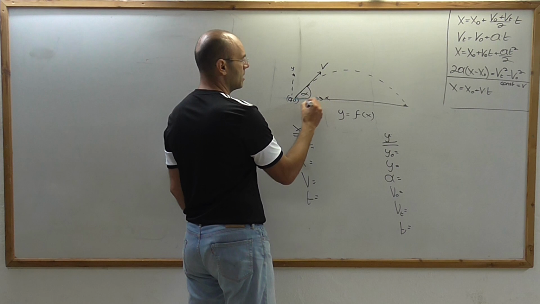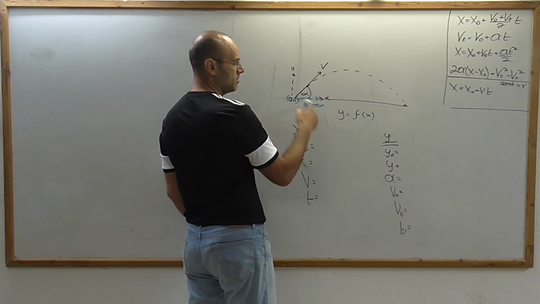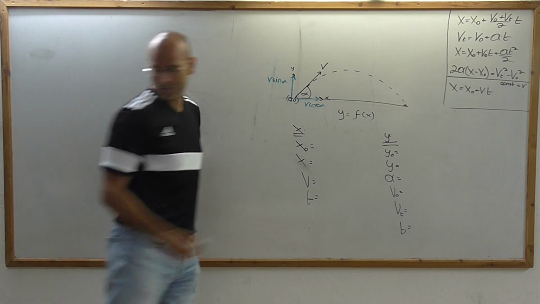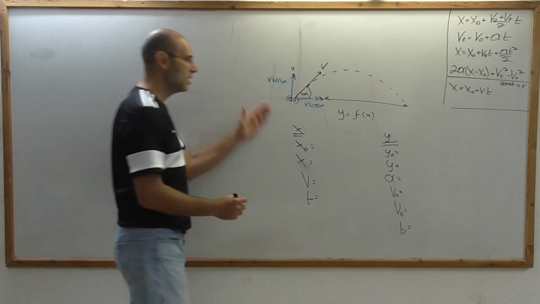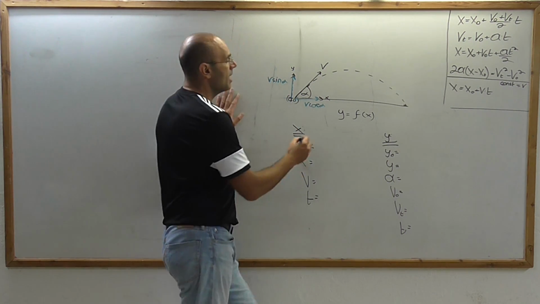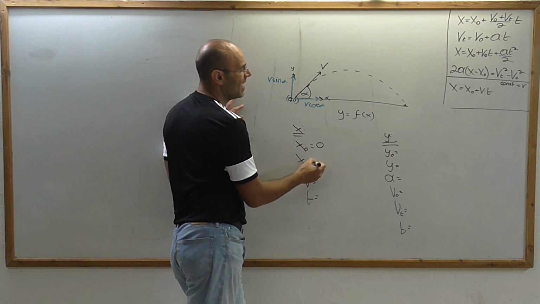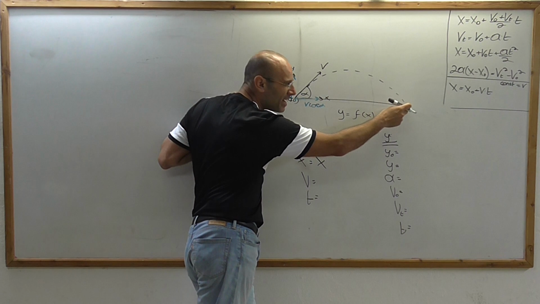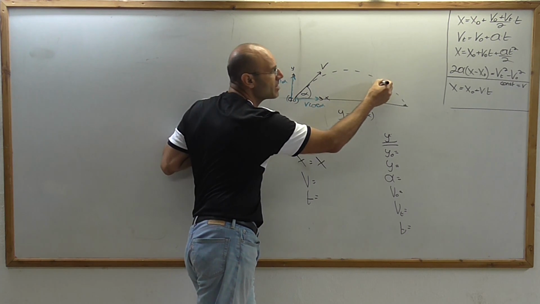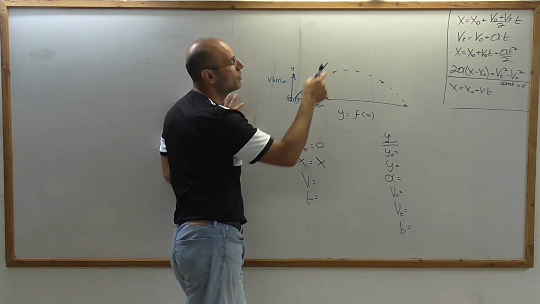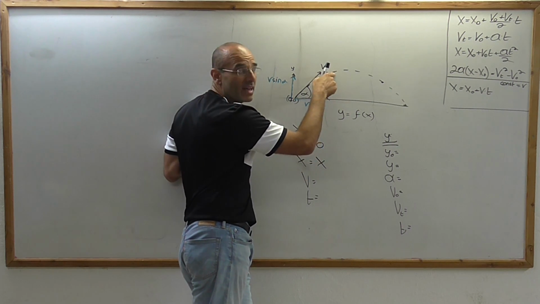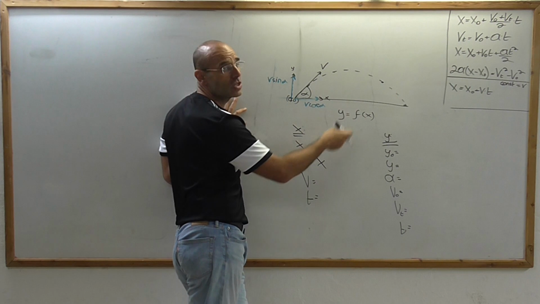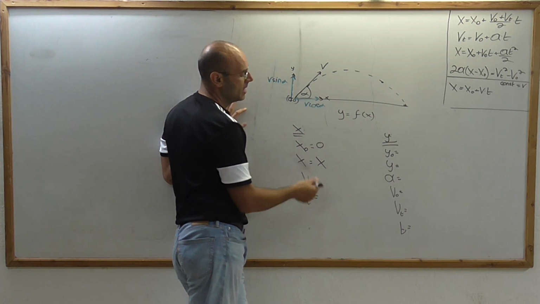This velocity will get v cosine alpha in this direction, v sine alpha in this direction. Okay, x0 is obviously 0. X is x. I want to find x because I don't want only the final x. I want every x. For example, this x, this x. I want to find the y when I know the x. This is finding an equation, y as a function of x.